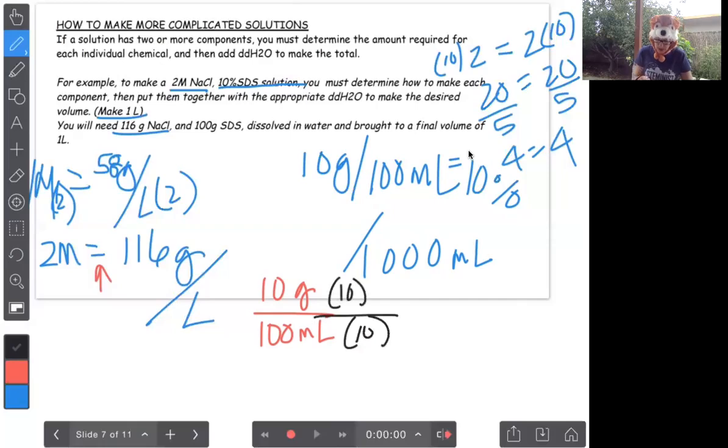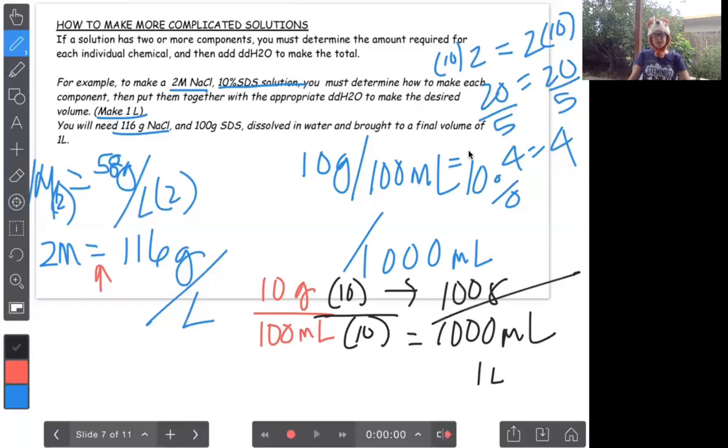Again, we can do the same at the top. This gives us that 1,000 mLs, which is the same as 1 liter. And this gives us 100 grams, which is exactly what this guy said.